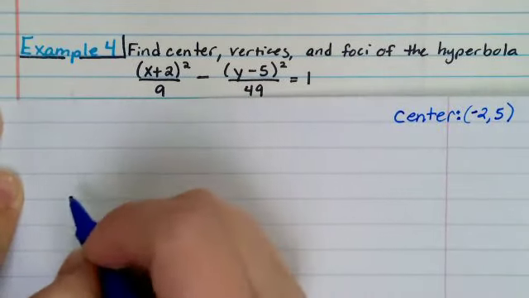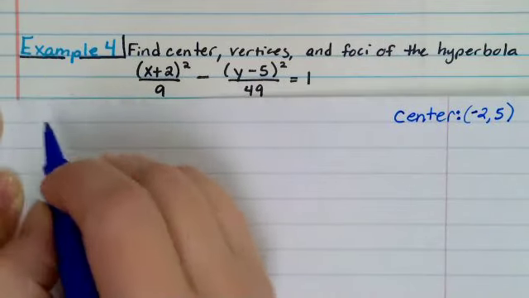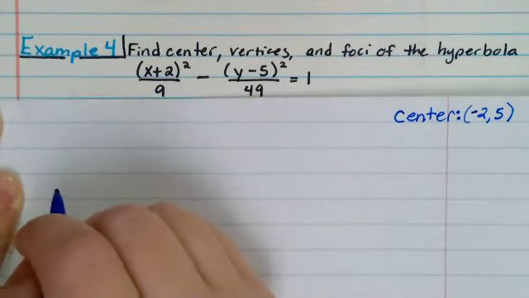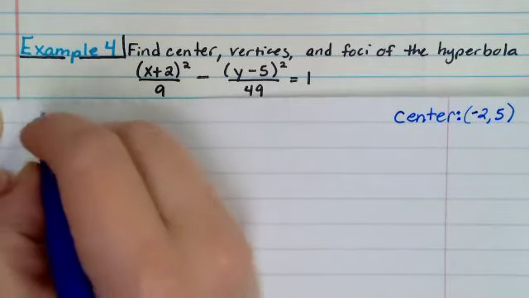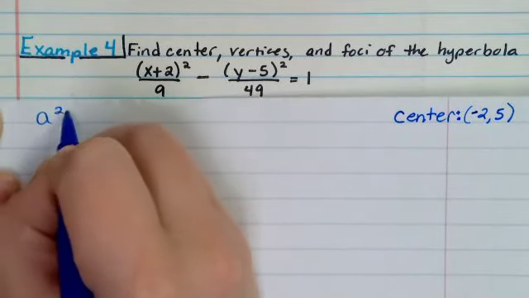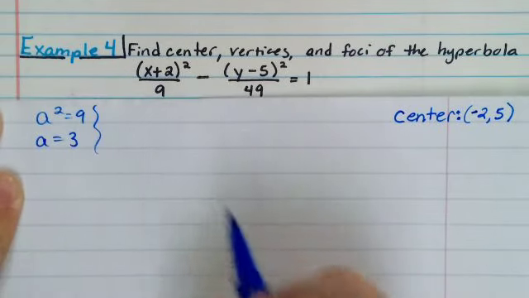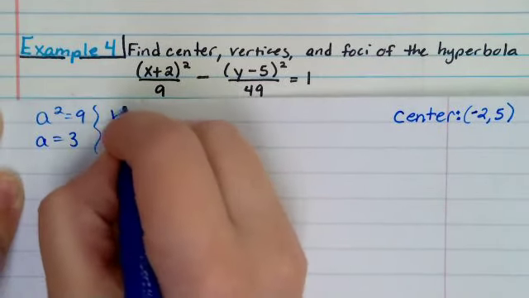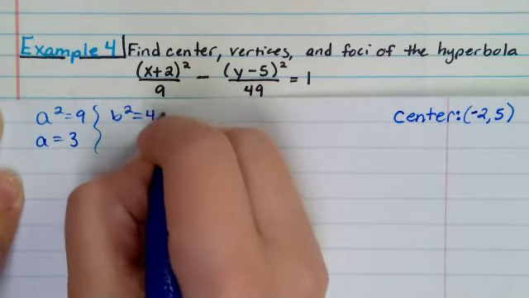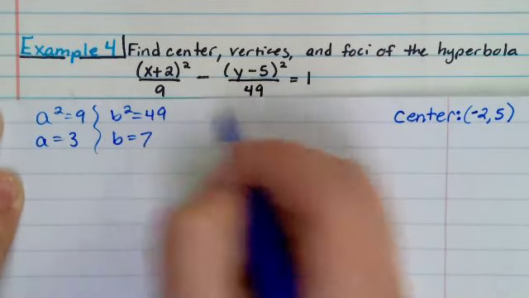I'll just put my answers over here. Okay. And then we need to figure out A, B, and C so that we can get the foci. So A squared equals 9. A is going to be 3 then. That'll help me with the vertices. B squared equals 49, which means B is 7. Cool.